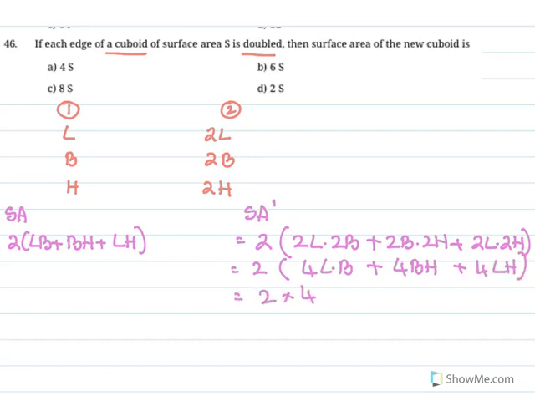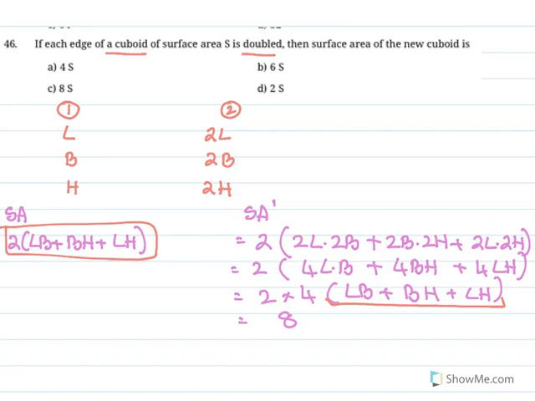You take 4 common out, so what remains inside is length breadth, breadth height plus length height. Now if you very carefully see here, this is the old surface area.